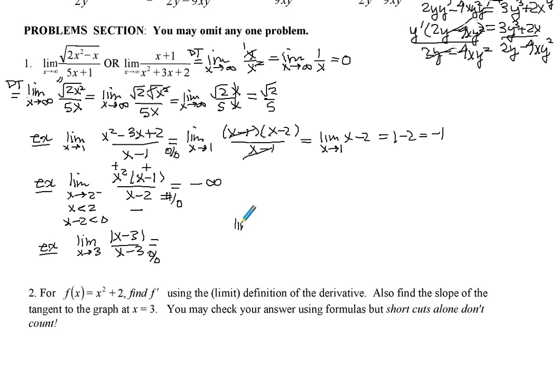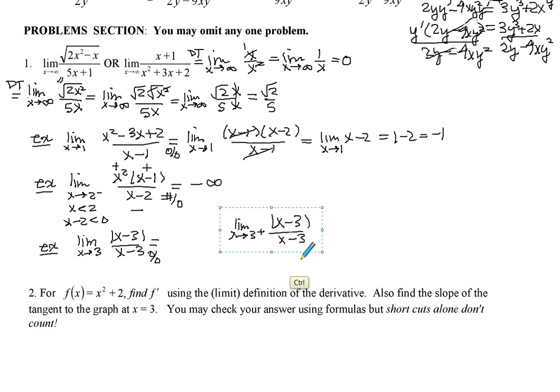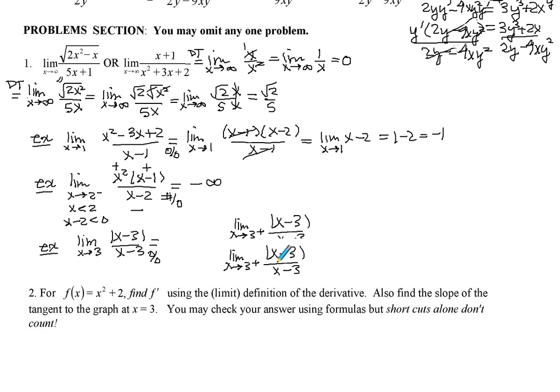So let's look at the limit as x approaches 3 from the plus side of absolute value of x minus 3 over x minus 3. And then do the same thing as it approaches from the negative side.